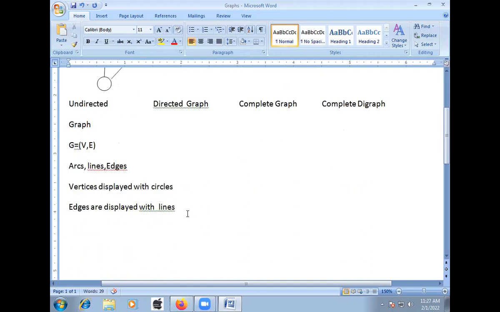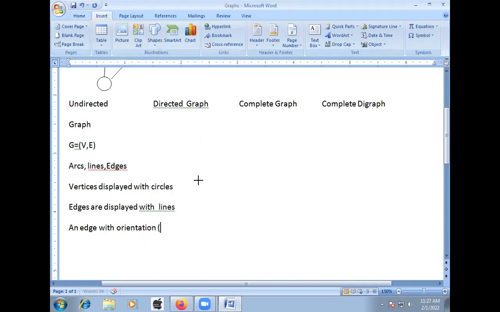Next, an edge with orientation is called a directed edge. What is orientation? Orientation is nothing but direction, specifically the direction representation of a graph.